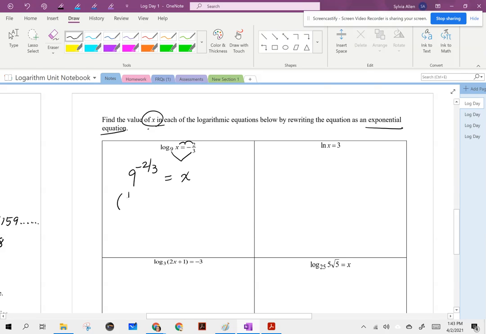So that means it's going to be 1 over 9 to the 2/3 power. And so if I rewrite that, I could have the cubed root of 1/9 squared, which means I have the cubed root of 1 squared over 9 squared.